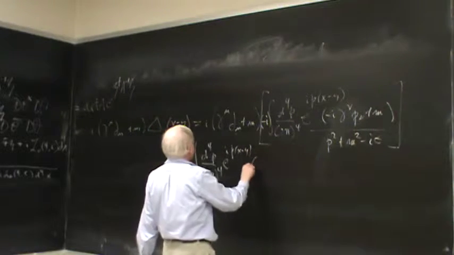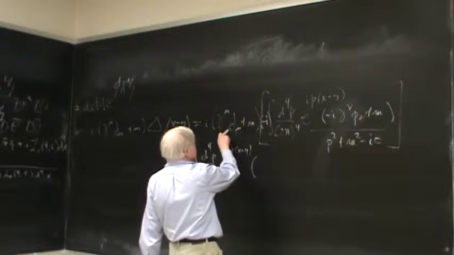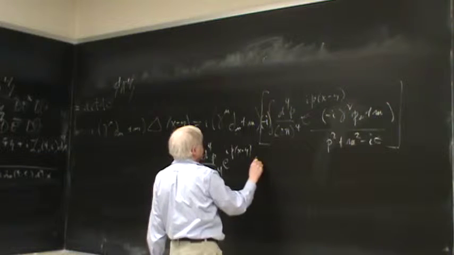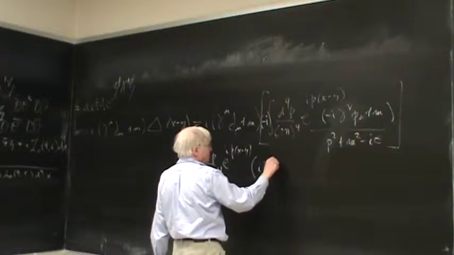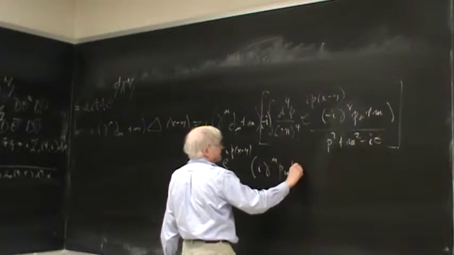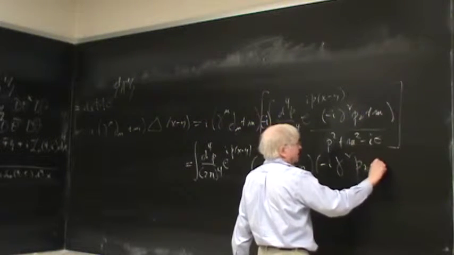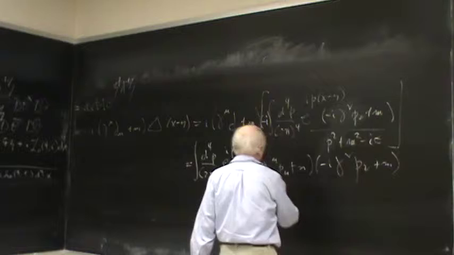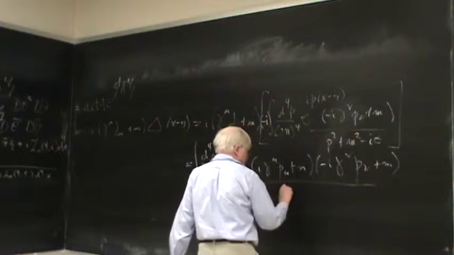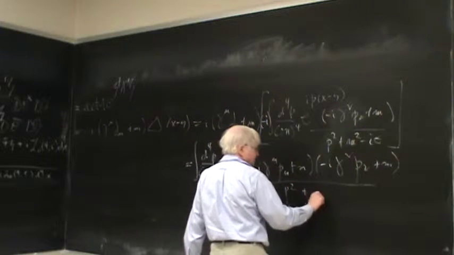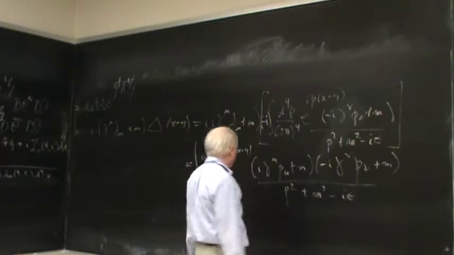And so what we have then here is i gamma mu p mu plus m, minus i gamma nu p nu plus m, over p squared plus m squared minus i epsilon.